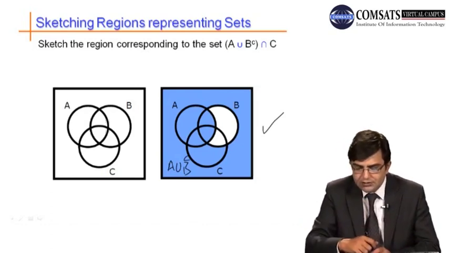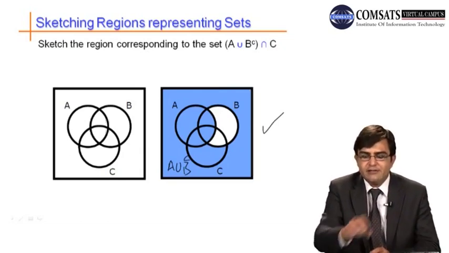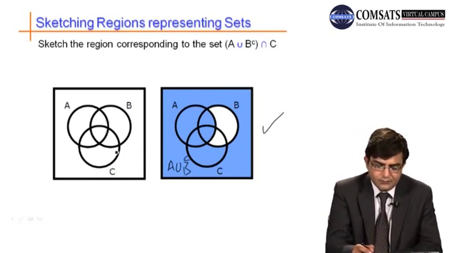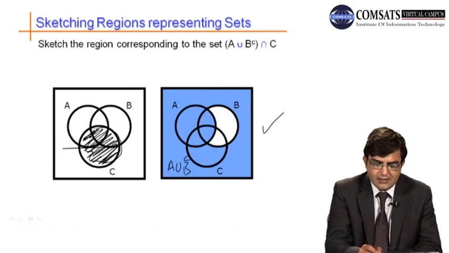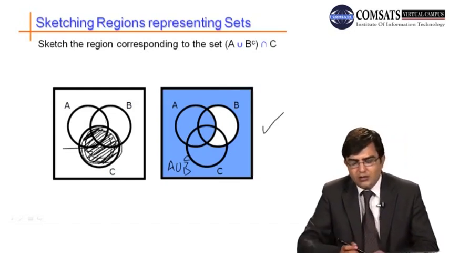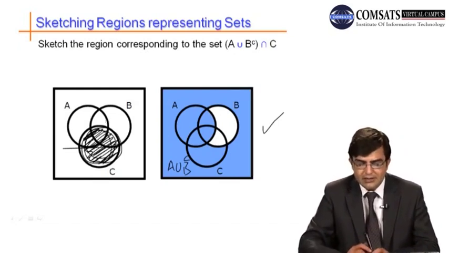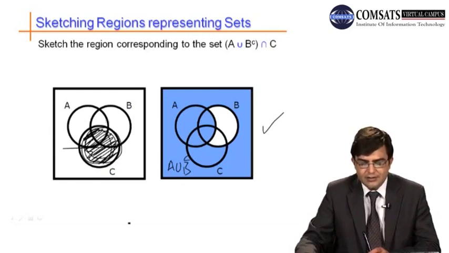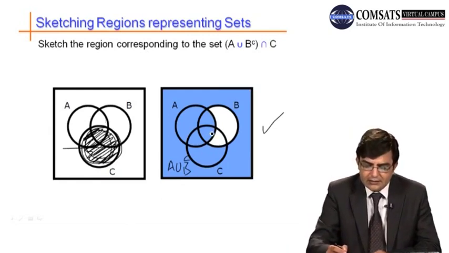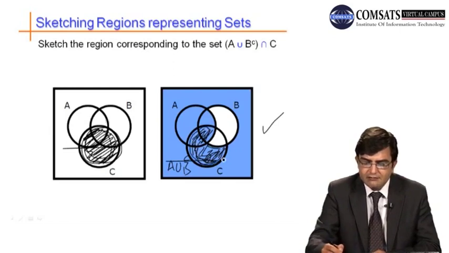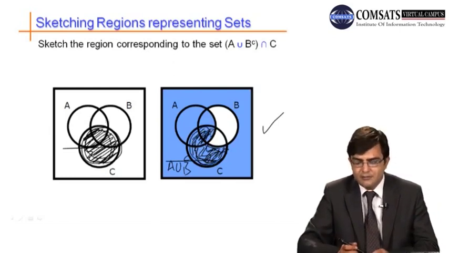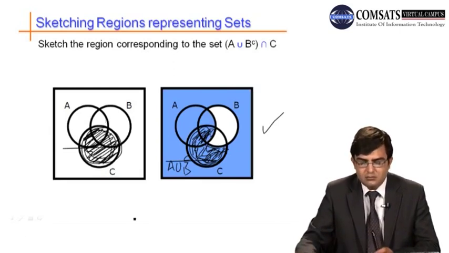Now we have to take the intersection of this region with C. So what is C here? C is this whole region. Now we have to take the intersection of this region and this region. So what will be the intersection of these 2 regions? We take this region, only this region will be the intersection of these 2 regions.